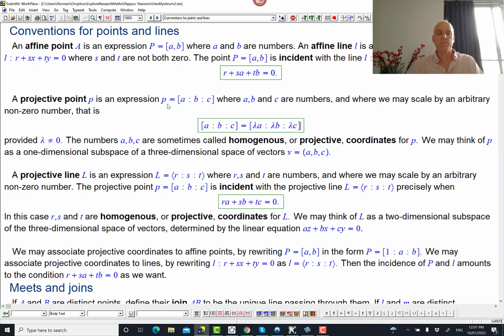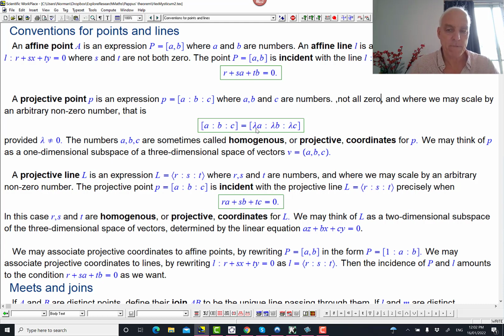That's what we will call a projective point. And A, B, and C are numbers. I should maybe say not all 0. We're not allowed to have all of them 0. And where we may scale by an arbitrary non-zero number. That is, we can multiply all of A, B, and C by, say, some non-zero number, lambda, and we agree that that's the same point. Okay, we regard A, B, and C as homogeneous or sometimes projective coordinates for this projective point.